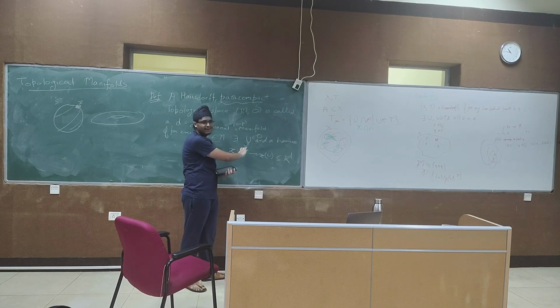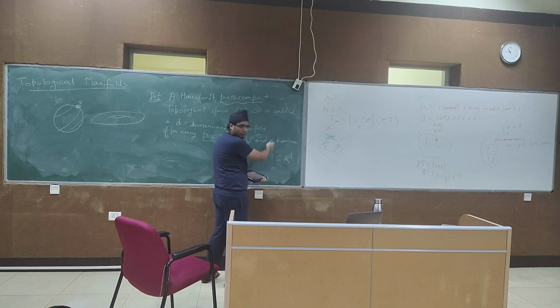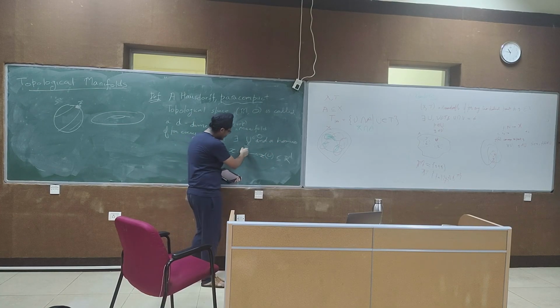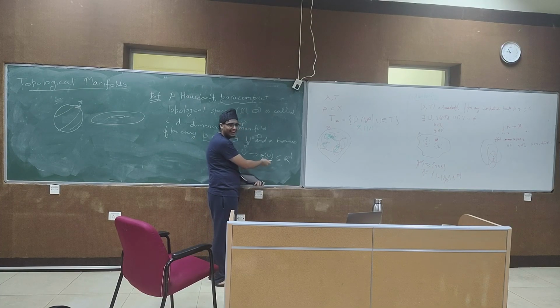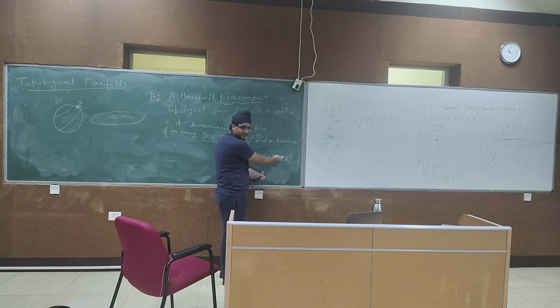Whenever I say open set, just understand, okay? There exists an open set U containing the point P and a homeomorphism which maps the open set U to some subset of R^d.